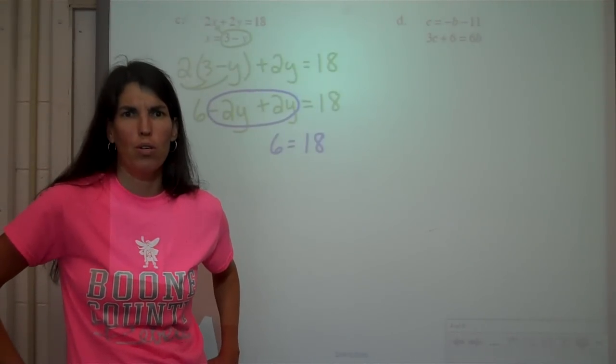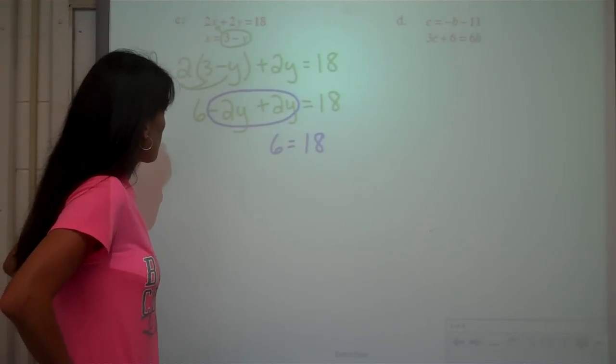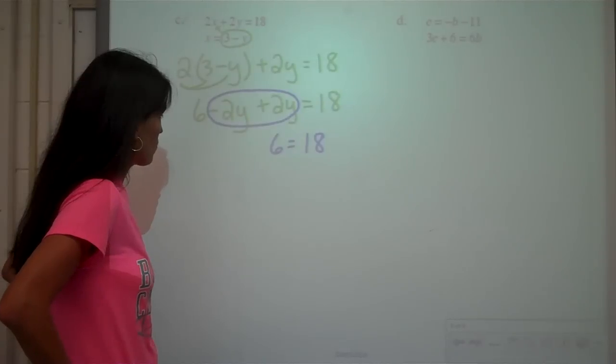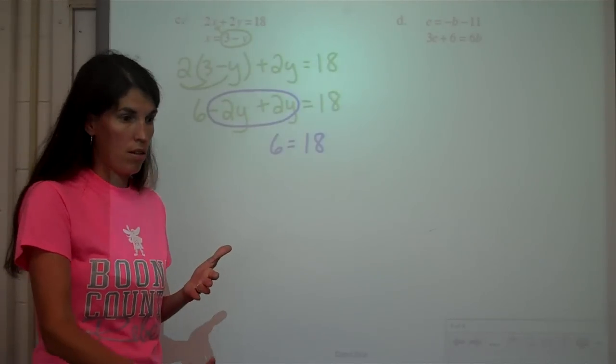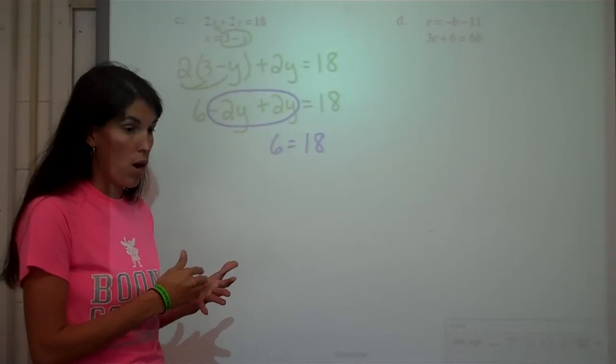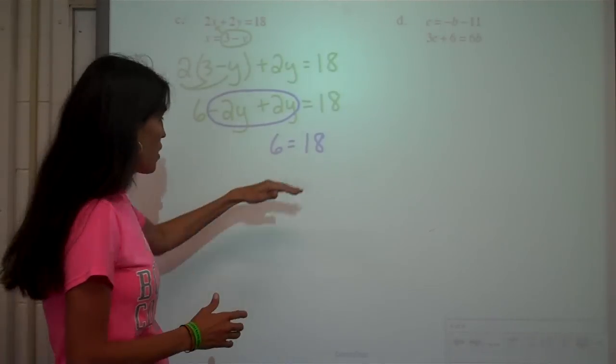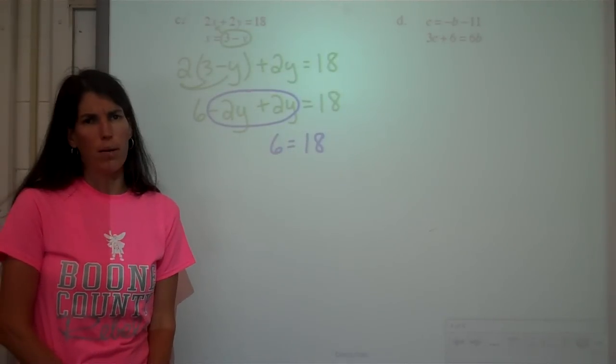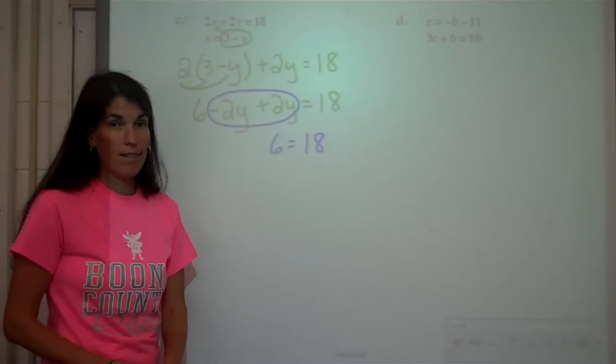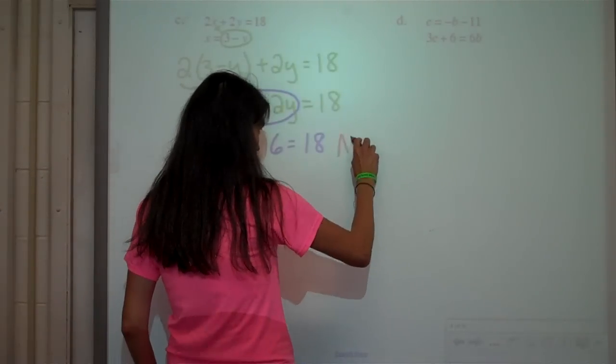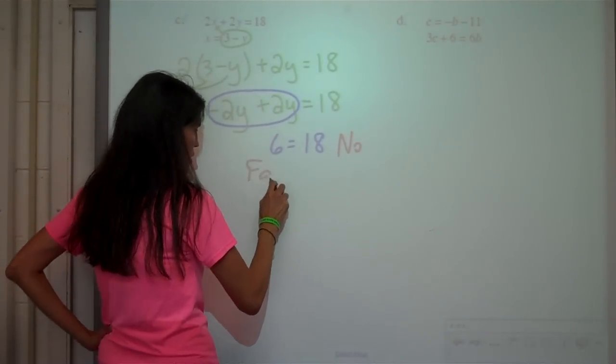There are no more variables. This is actually kind of a special case because you don't have x equals 5 or y equals 3. Because there are no variables, is this a true or a false statement? Does 6 equal 18? No, it is a false statement.